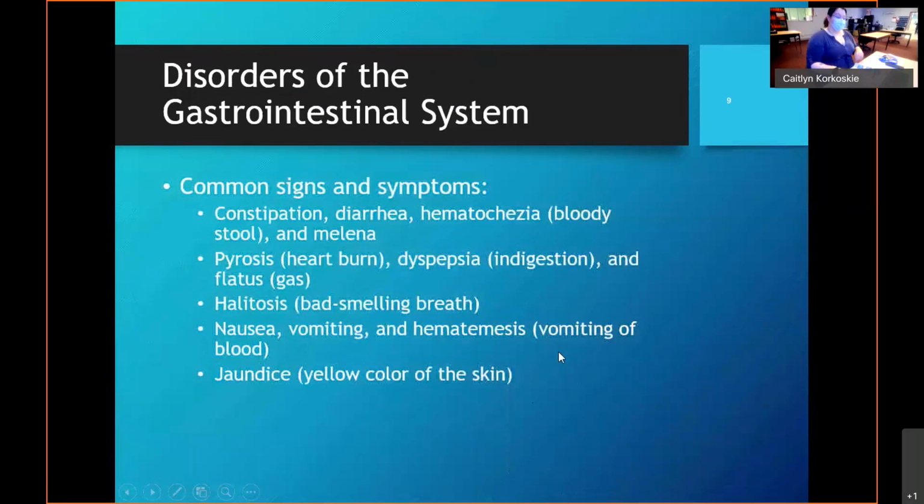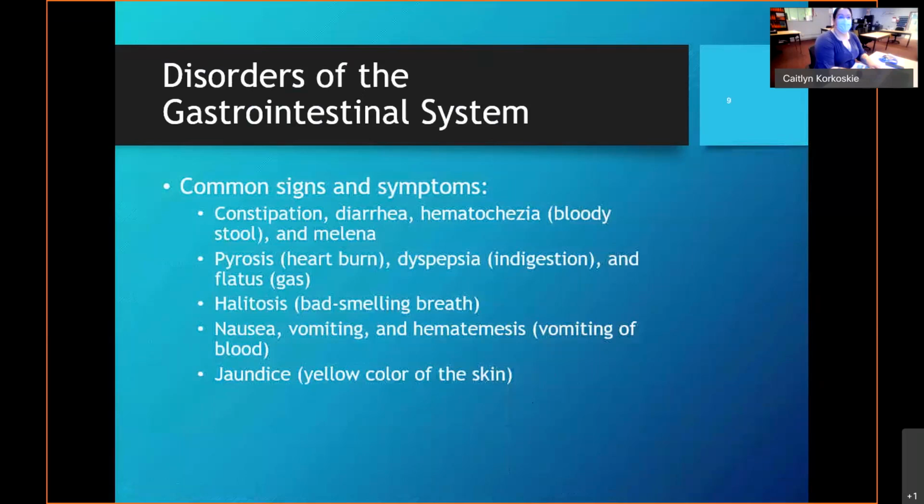Okay, so some common signs and symptoms of gastrointestinal issues. These are the types of things that we would want to ask patients when they call in for stomach pain, or they could say they have lower abdominal pain, upper right-hand abdominal pain.